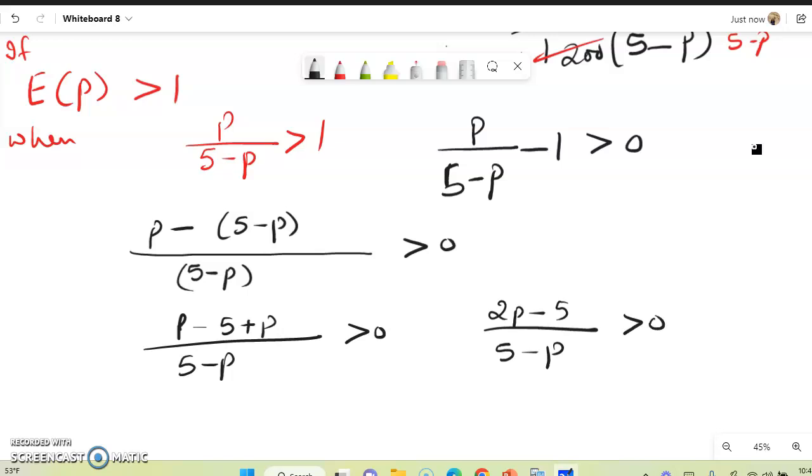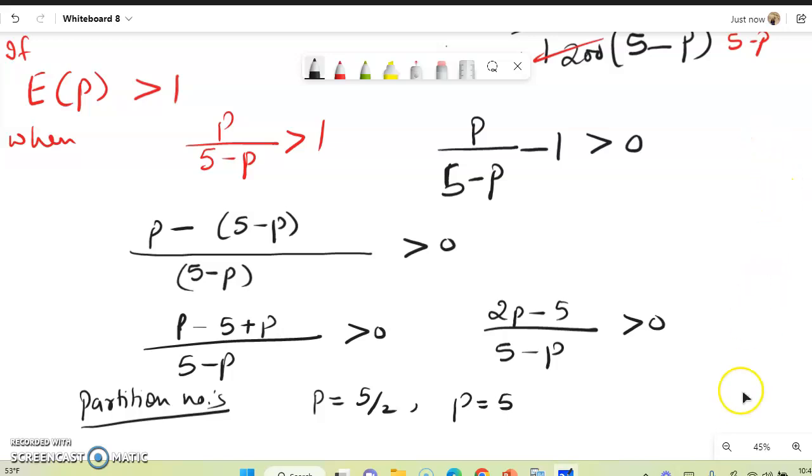You remember we have to find partition numbers here. Partition numbers are where this function becomes 0. The function will become 0 at 5 by 2 when the numerator becomes 0. And where this function becomes undefined, that is where the denominator becomes 0. That is 5. So two partition numbers.